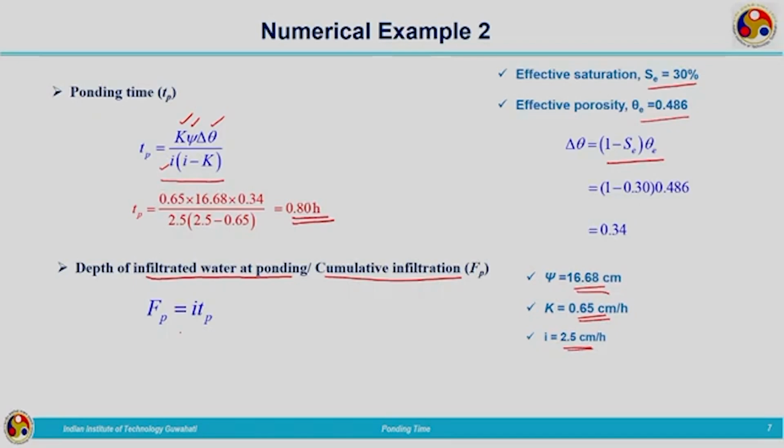The expression we have already seen, F of p is equal to I Tp. We are substituting for I and Tp, which is calculated, and it comes out to be 2 centimeters. 2 centimeters of water is infiltrated into the ground. That is the quantity of water infiltrated, which is termed the cumulative infiltration just before ponding.